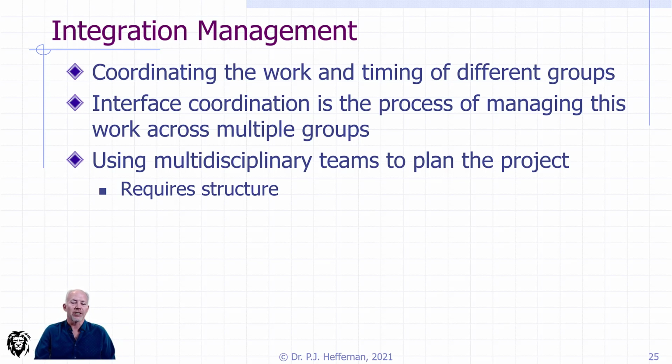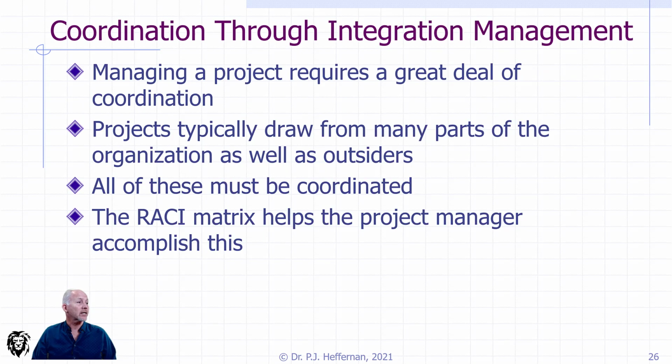Many of the people working on the project don't even know about any of the other people working on the project. And so coordinating those multidisciplinary teams working across the span of the project requires some degree of structure. The RACI matrix is a great way to achieve that structure, and its sole purpose is to be a coordination tool, this integration management method.